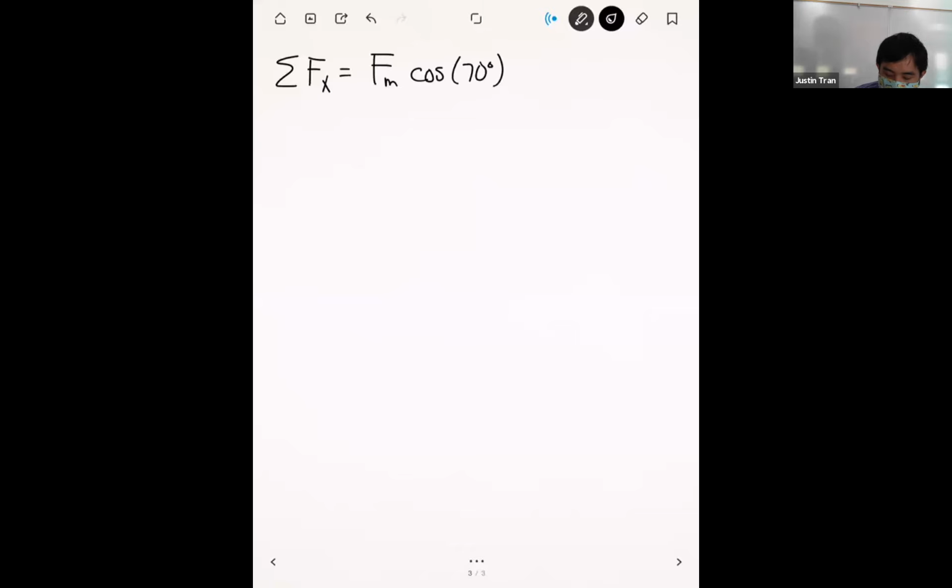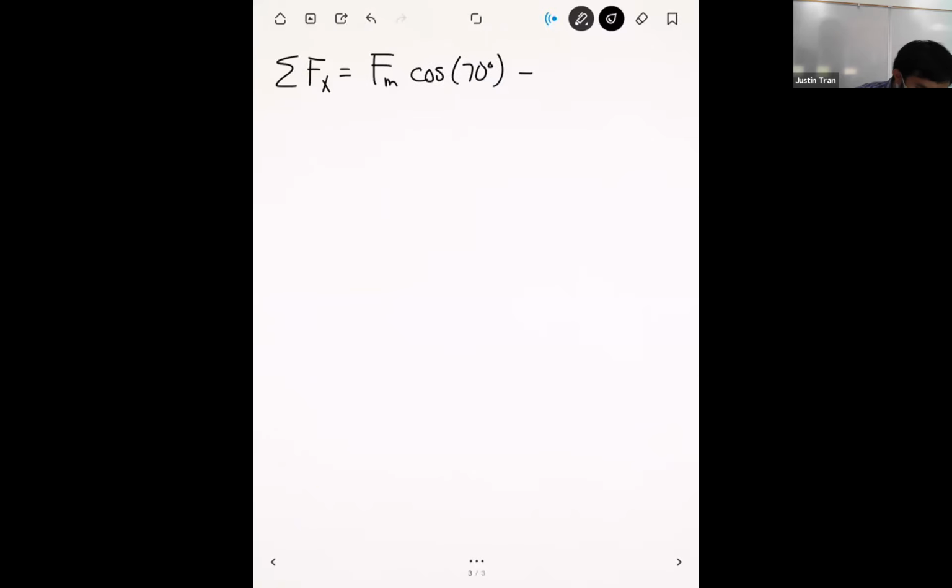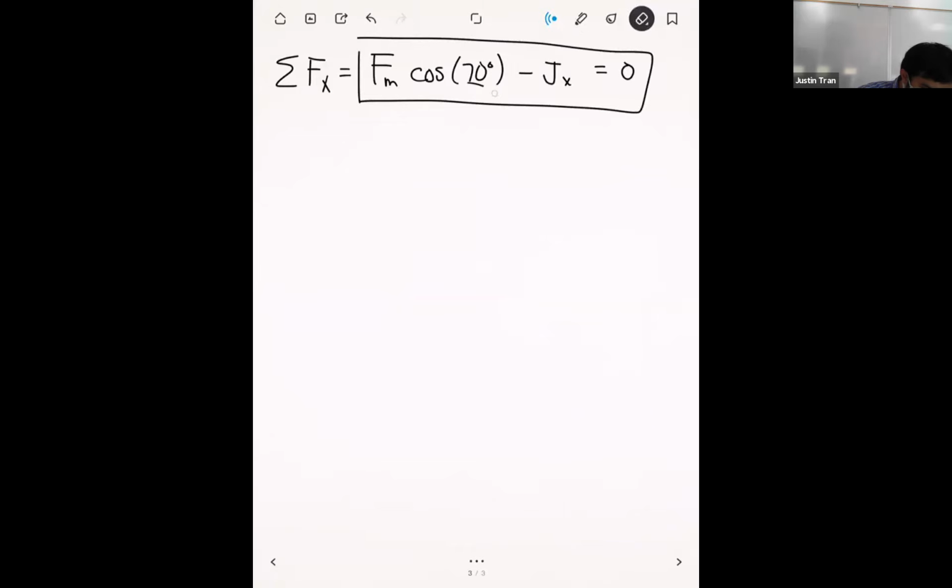We have FM's cosine of 70 degrees, and JX is going in the negative direction, so we have minus JX. That's equal to 0. So that's our first equation. There are 2 unknowns in that equation, so we can't solve it just yet, but we'll keep it in mind.